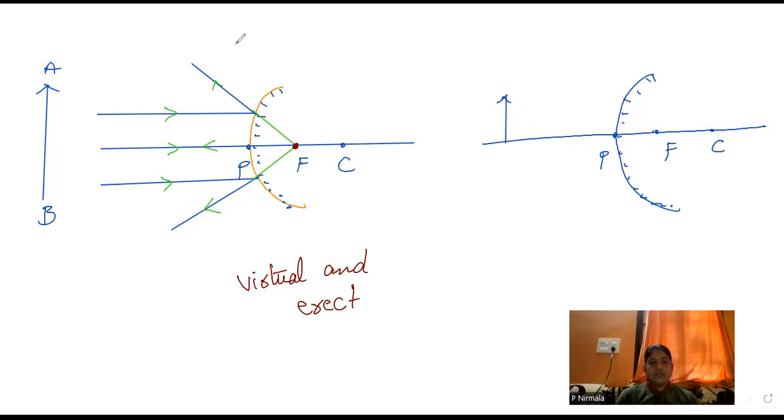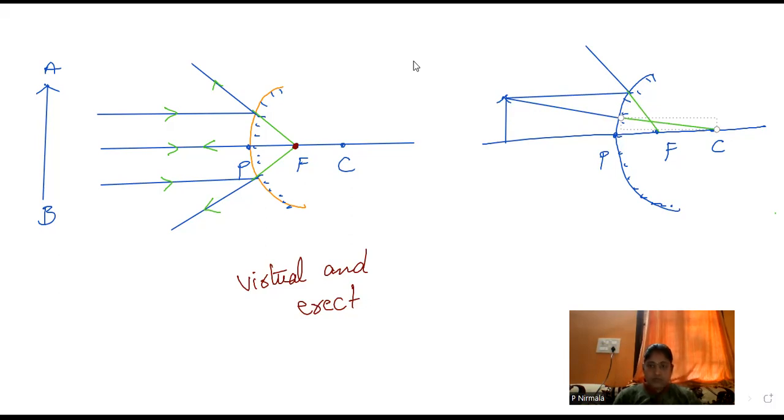Okay, where is the image going to form? That question comes to you, right? Always you have to put the questions to yourself, so that your mind can recall what type of questions they ask. Now if you see here, where is the image forming?